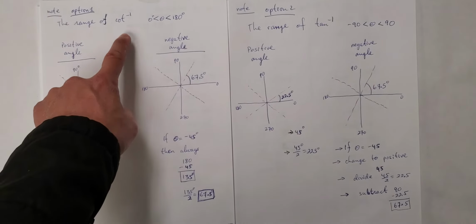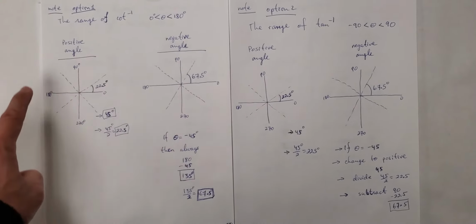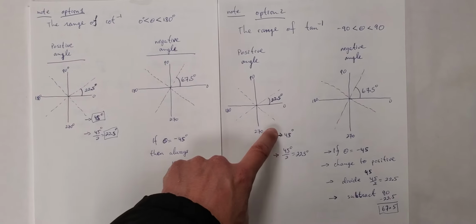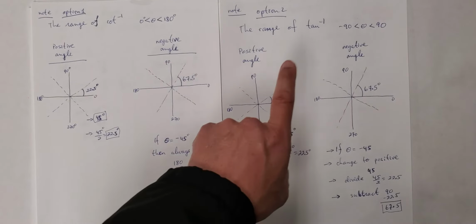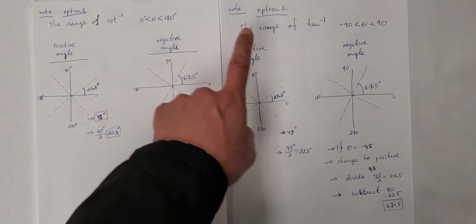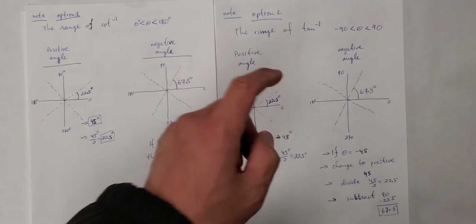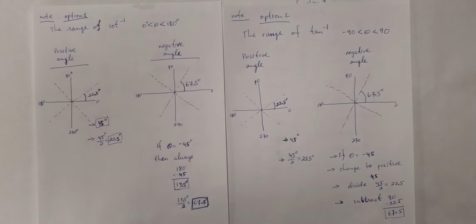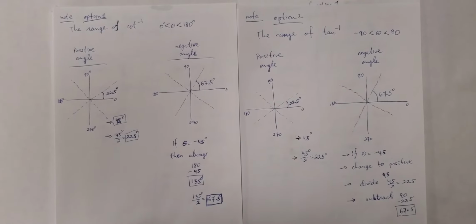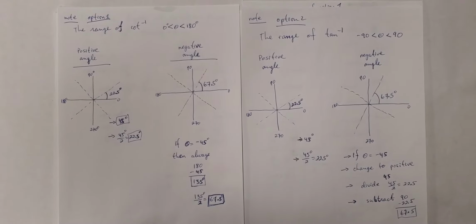But if you do have inverse cotangent in your calculator, then you use option number 1. But most of us will use option number 2 because we do not have cotangent inverse in our calculator. So be very careful, and I hope this helps side by side.